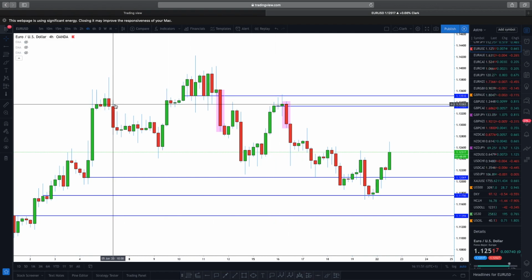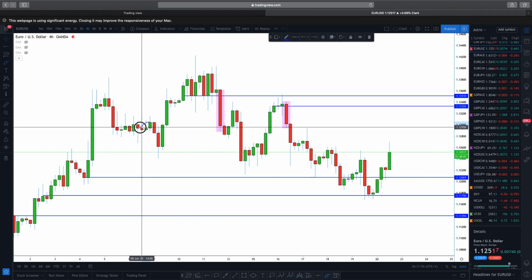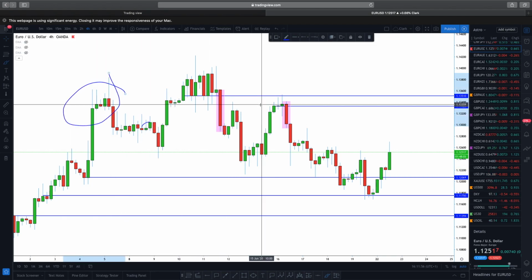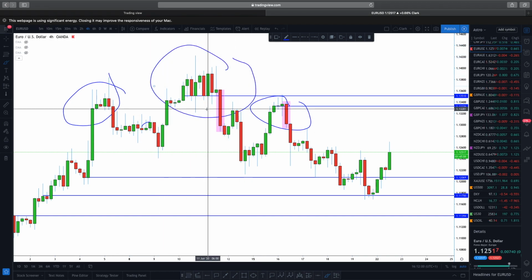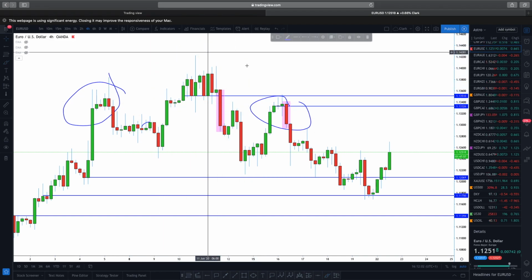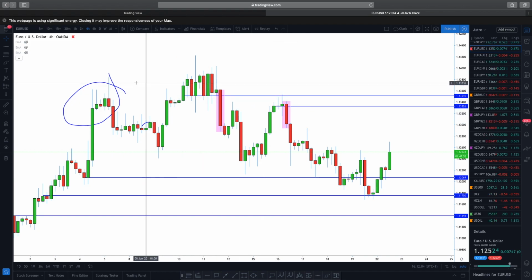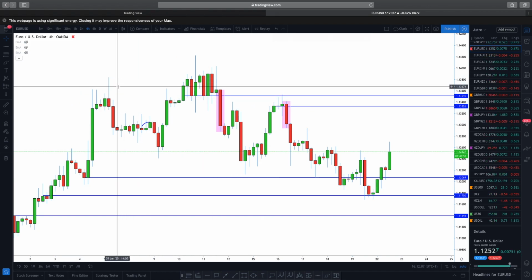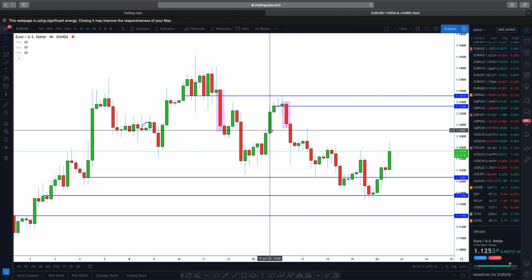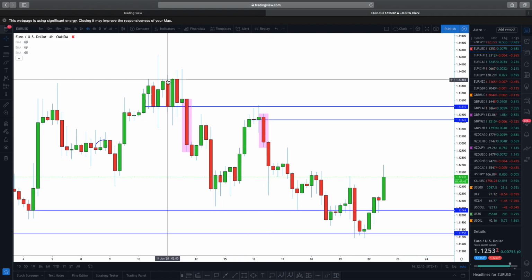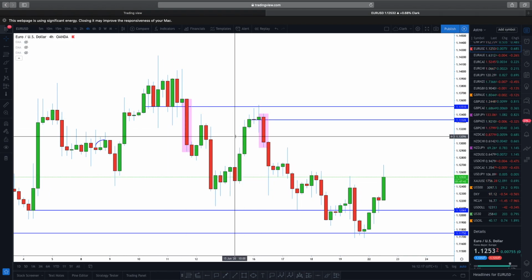That confirms the head and shoulder formation here. That also confirms the reversal into the downtrend for the week. So you have high, lower, low.